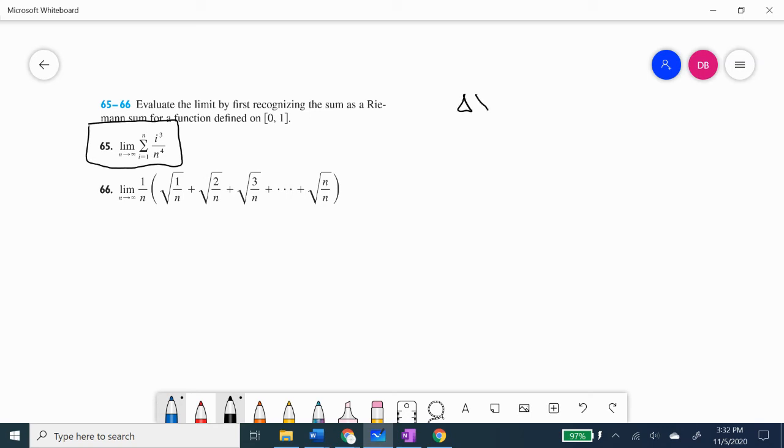And I start back at the formula of what is delta x, b minus a over n. What is x sub I? A plus the width times I. And my delta x is always going to be some number divided by n.